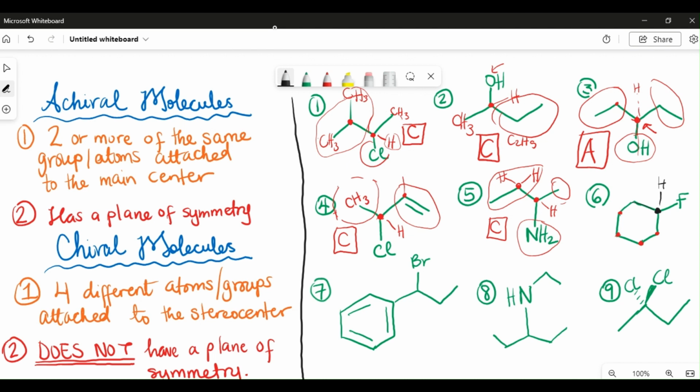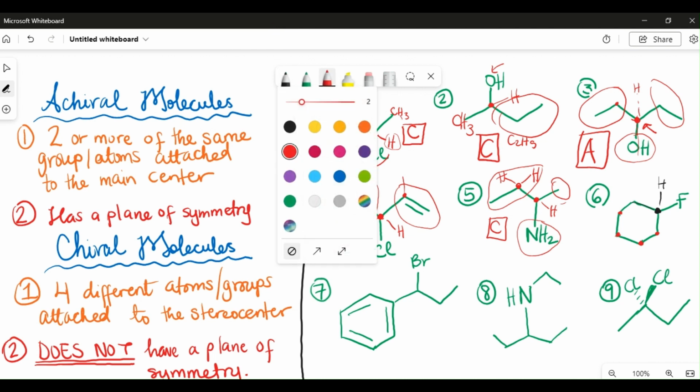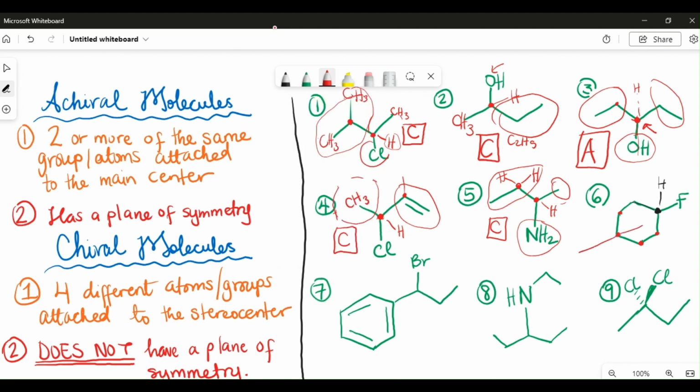And you now see there's something called, you guessed it, a plane of symmetry right here that cuts it, where the left hand side and the right hand side are exactly the same. It cuts right in the middle, and that causes this to have a plane of symmetry, making it an achiral molecule.